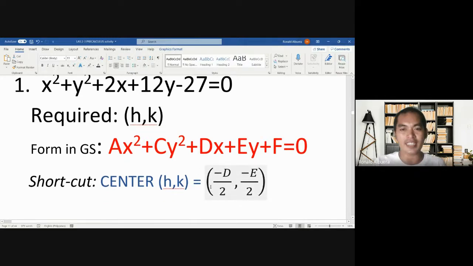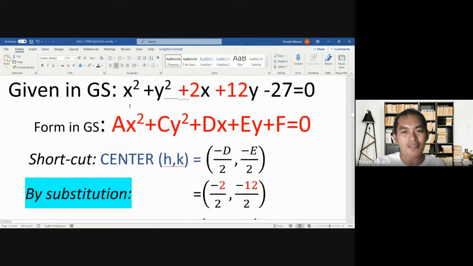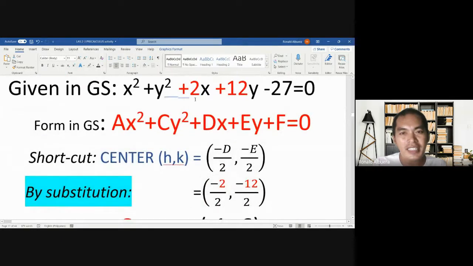Okay, for instance, the given is x squared plus y squared plus 2x plus 12y minus 27 equals 0. And the coefficient of x squared is already 1 and y squared is already 1. Therefore, we can substitute the value for D, which is 2, and for E, which is 12. So we have D is positive 2, and the sign of D is negative.